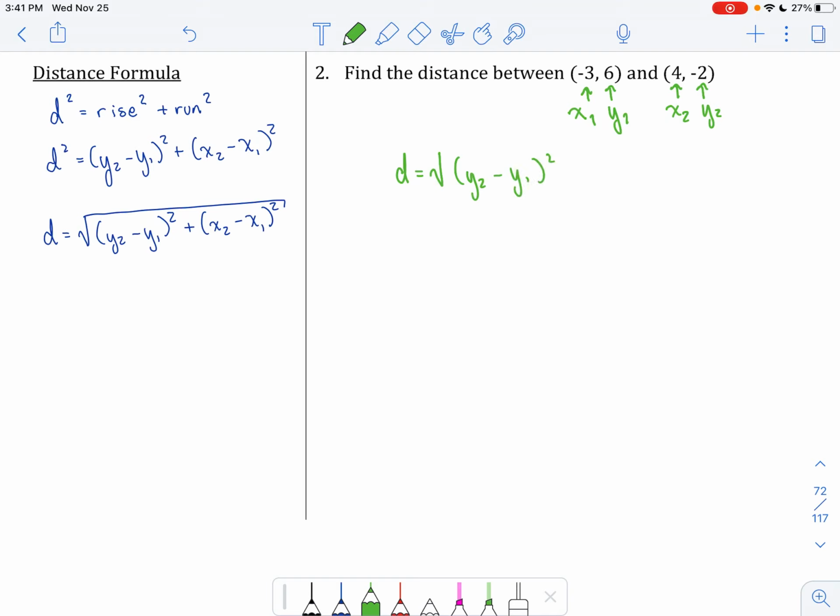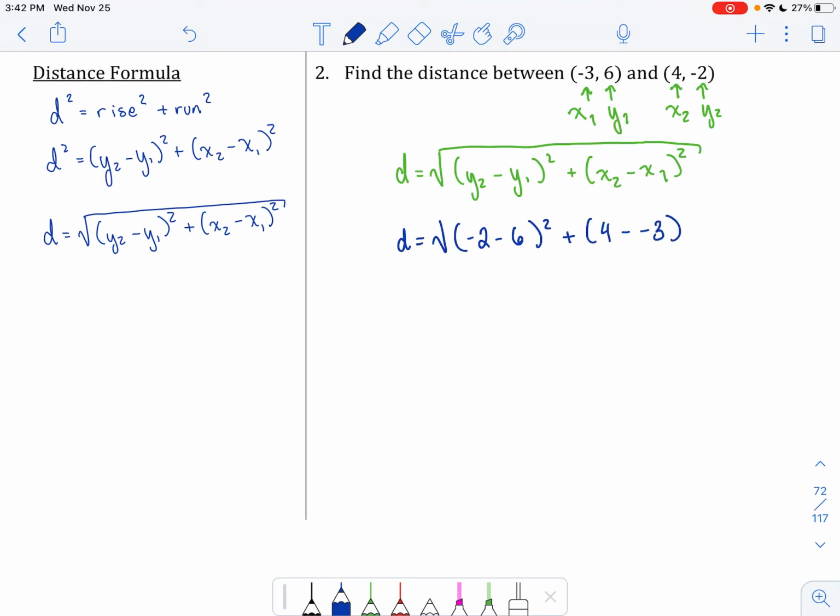So the difference in the y values squared plus the difference in the x values squared, all inside the square root. So in this case, the distance is equal to the square root. I will plug in my numbers. Negative 2 minus 6, and then my x values, 4 minus negative 3.